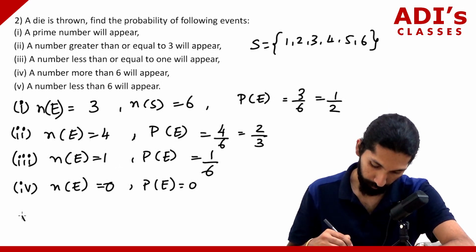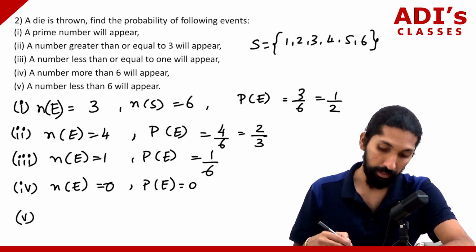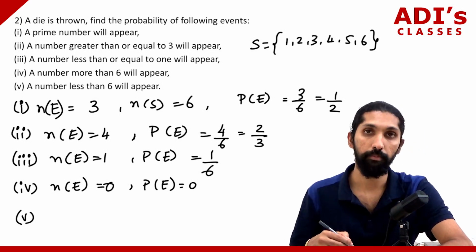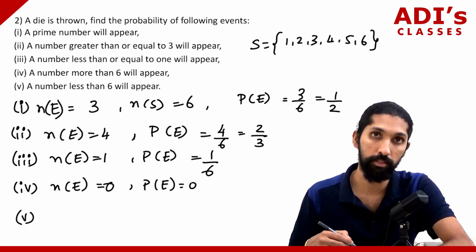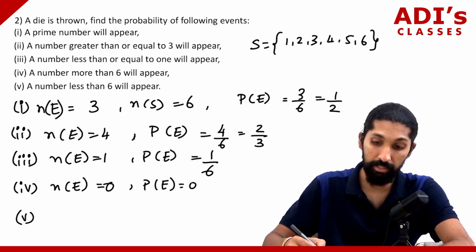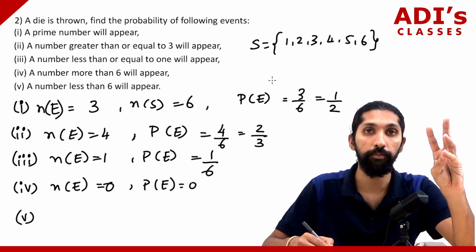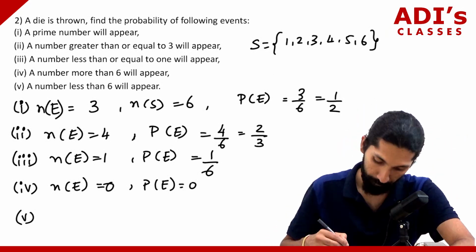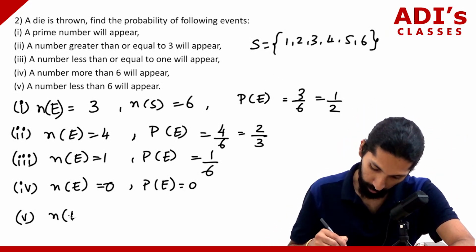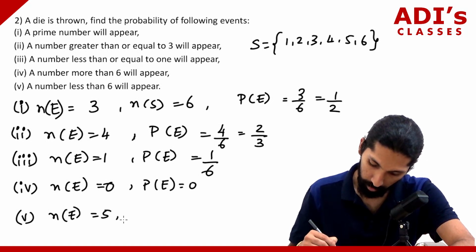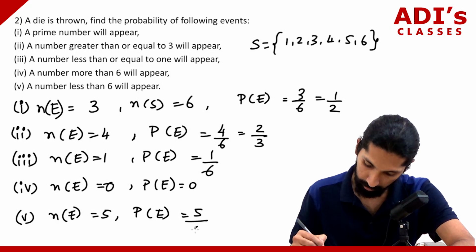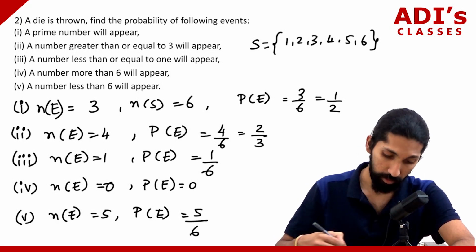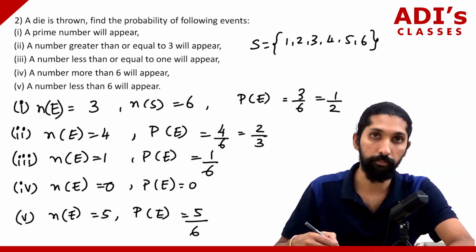Now, the last one, fifth one, a number less than 6 will appear. Number less than 6, not less than or equal to 6. Since it is less than 6, 1, 2, 3, 4, 5. 5 numbers are there. So N of E is equal to 5. So P of E is equal to 5 divided by 6. So this is the answer for the second one.